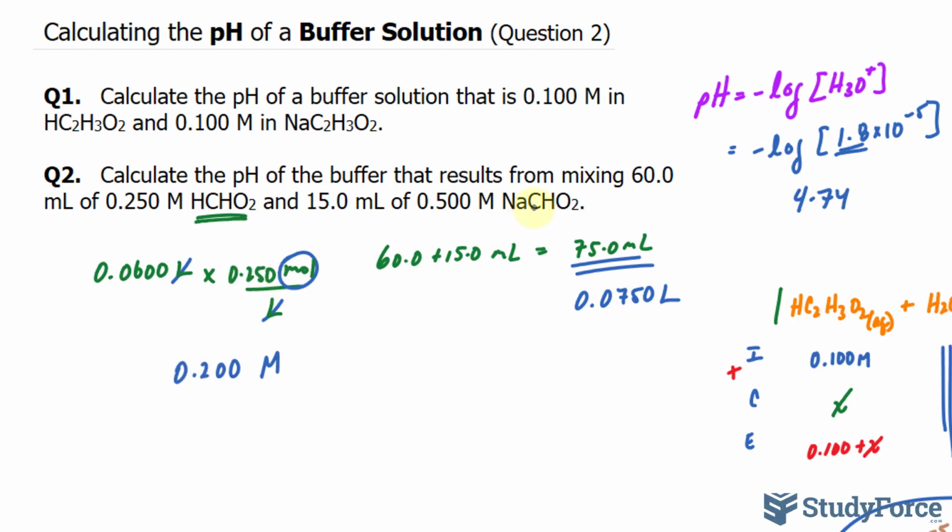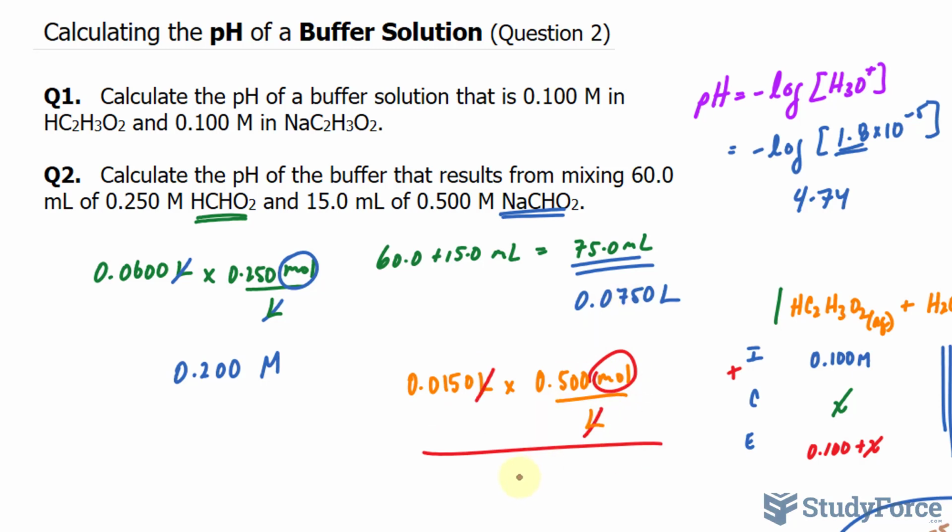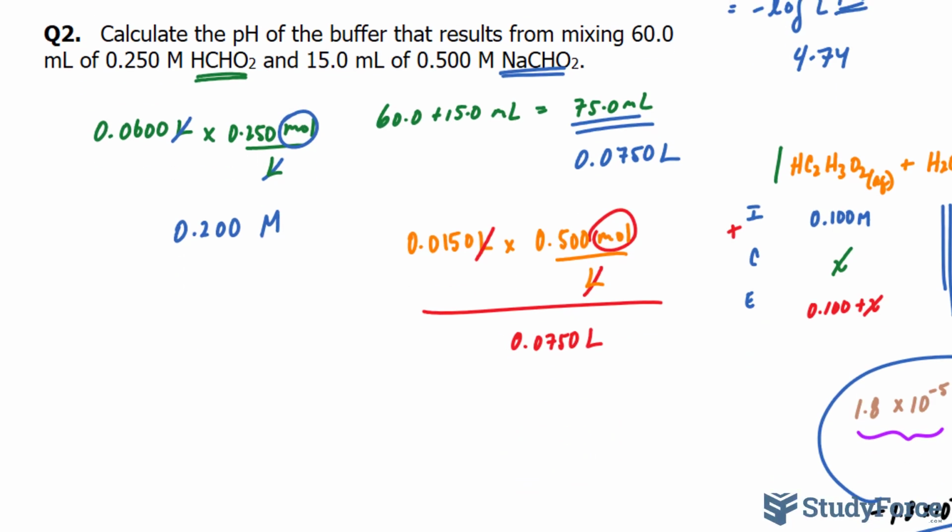We have to do the exact same thing, but for this molecule. 0.0150 liters and multiply it to 0.500 moles per liter. This cancels out with that. We're left with moles, and we'll divide that again by 0.0750. This will give us our brand new concentration of NaCHO2.